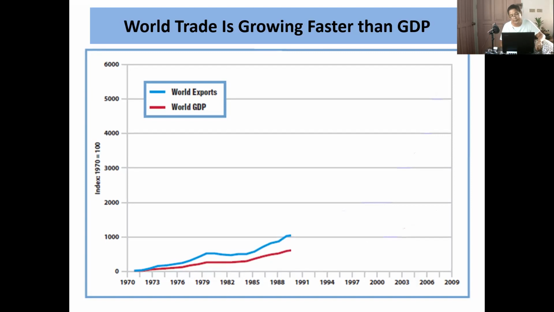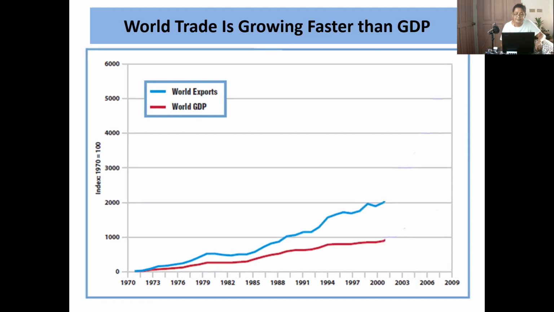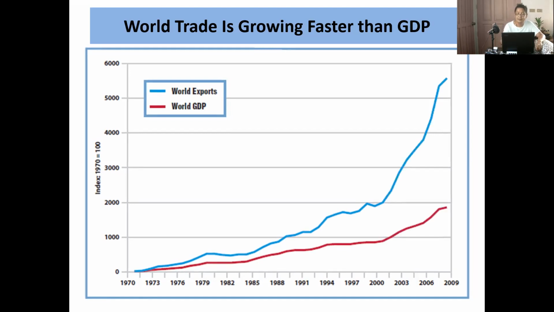The blue one, medyo lagi siyang nakaangat compared to the gross domestic product. And then, another 10 years, lumaki. And in 2009, grabe ang gap. The world export reached near 6,000 level, samantalang itong domestic products ng buong mundo ay only 2,000 level.